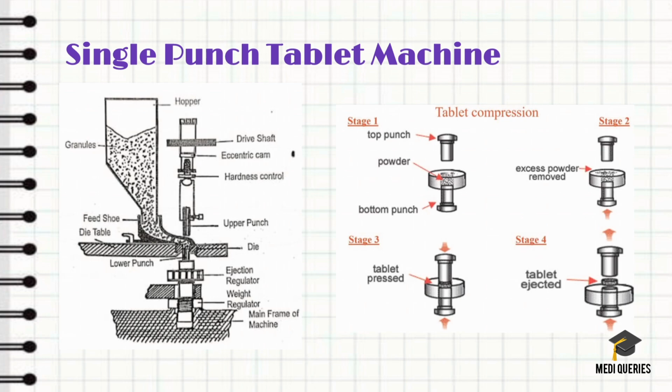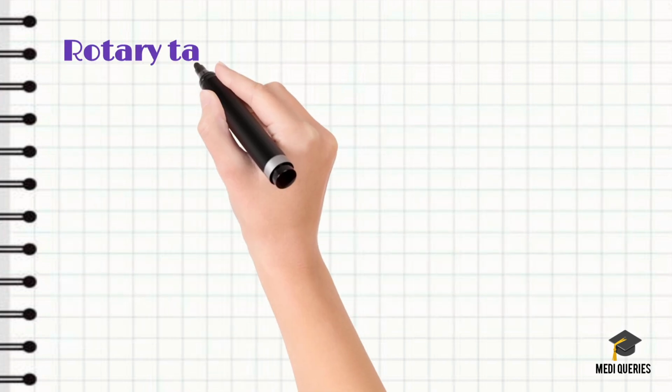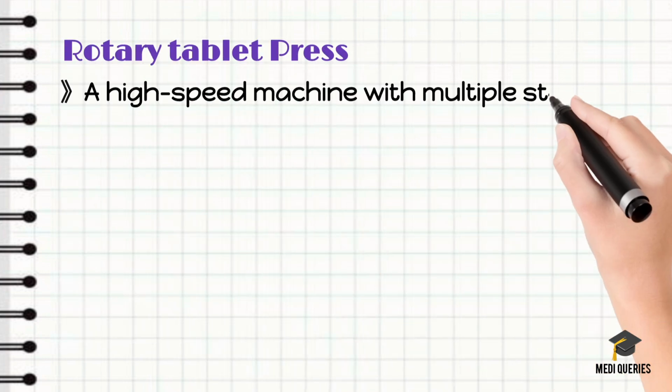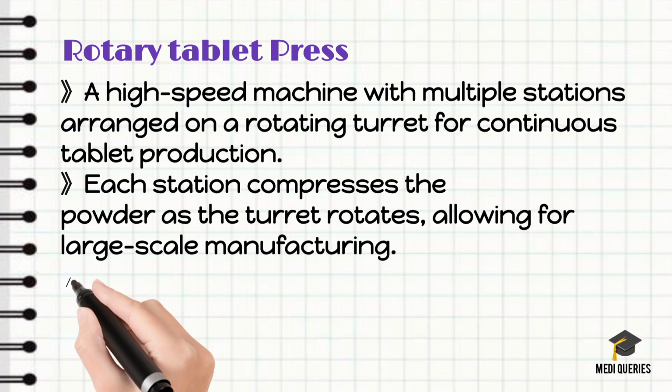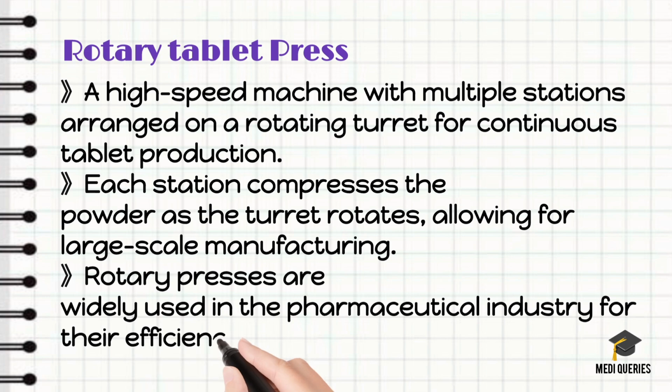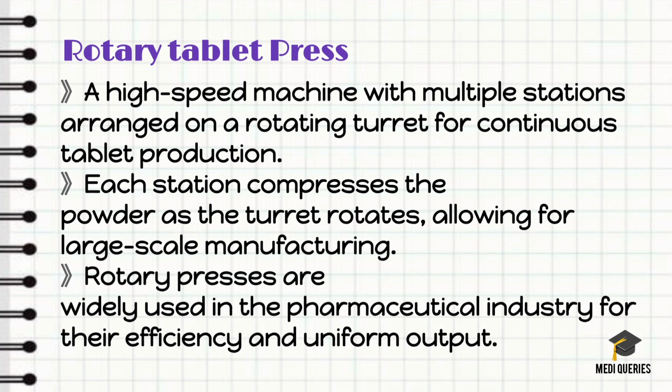And next one is the rotary tablet press, that is a multi-station press. The rotary tablet press is used in large scale manufacturing. It mainly contains multiple sets of punches and dies arranged on a rotating turret.